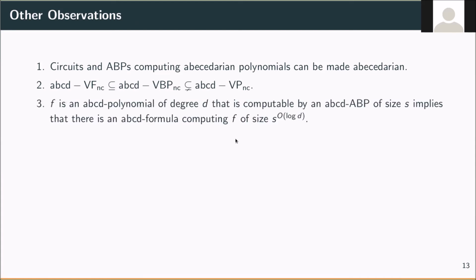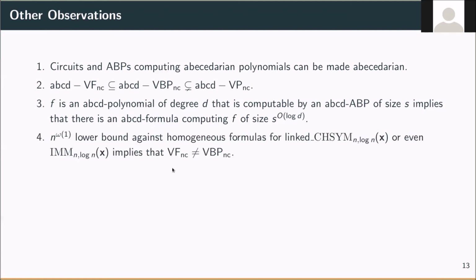And thirdly, if F is an abecedarian polynomial of degree D that is computable by an ABCD ABP of size S, then there is an ABCD formula computing the polynomial of size S to the order log D. So this is the usual divide and conquer proof, and what this shows is that our lower bound is tight because our polynomial did have a poly-sized ABP, and hence it will have n to the order log D sized ABCD formula.